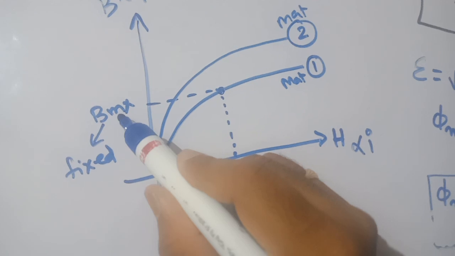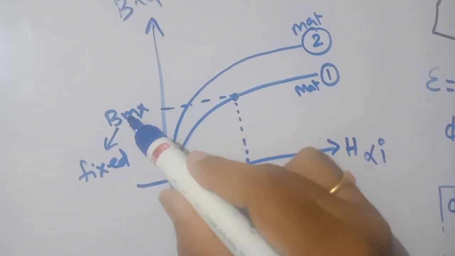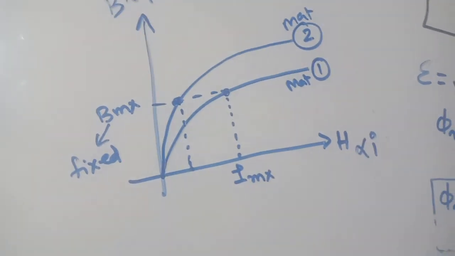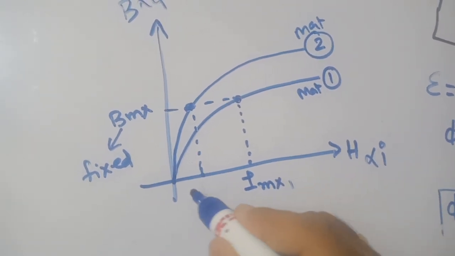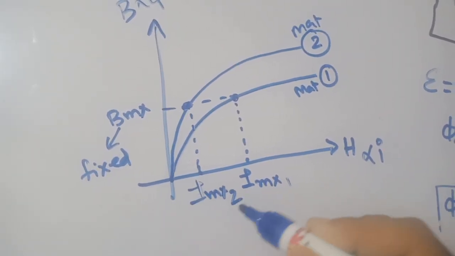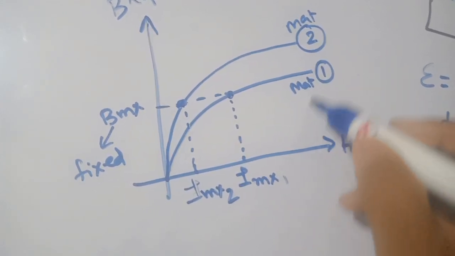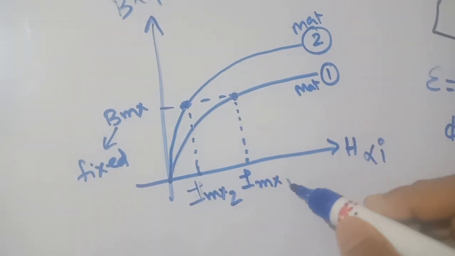The amount of B max will still be the same, but you see here, to create that much B max, the current requirement suddenly becomes very small. If I consider this as I max 1, this is I max 2. So for material 1, much more current is drawn from the source. If you use a better material, the current is much lesser compared to I max 1.